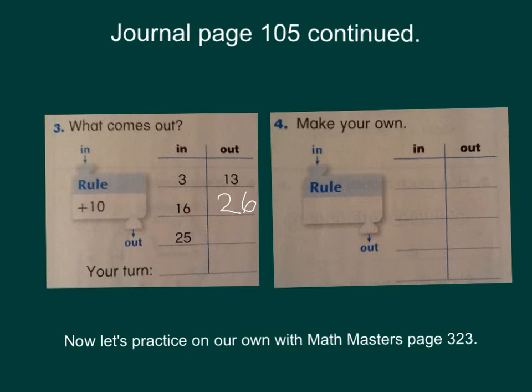This one we're going to start at 25 and we're going to put it through our function machine so we know we're going to add 10. So use your number grid and count up 10. We're adding 10, so our number needs to get bigger. And see if you can figure out what our next number is going to be.